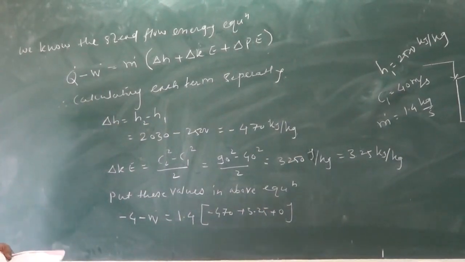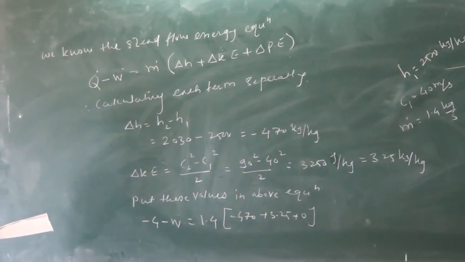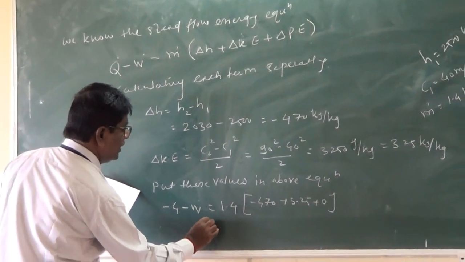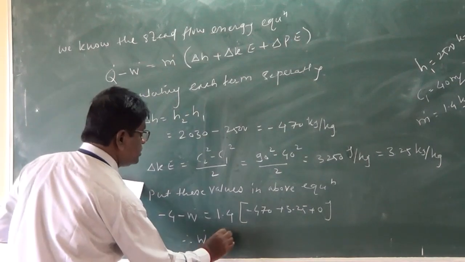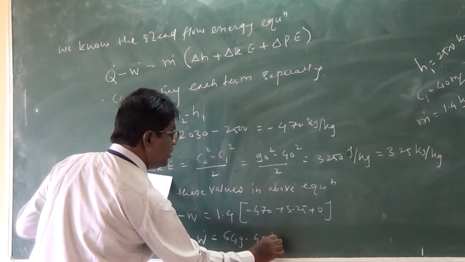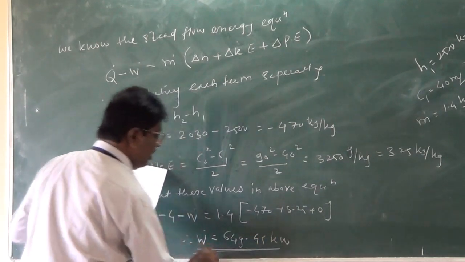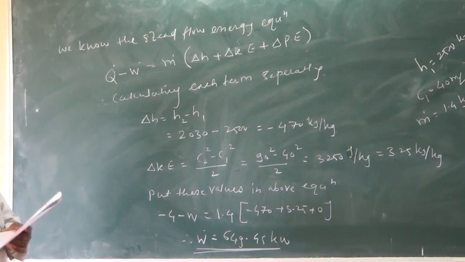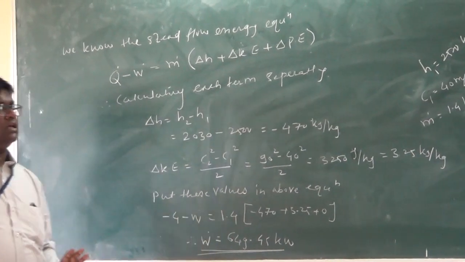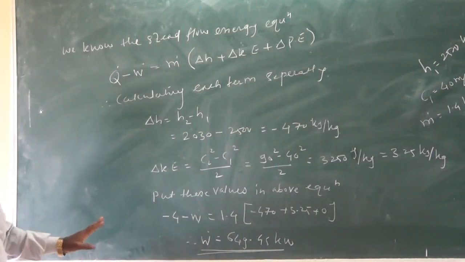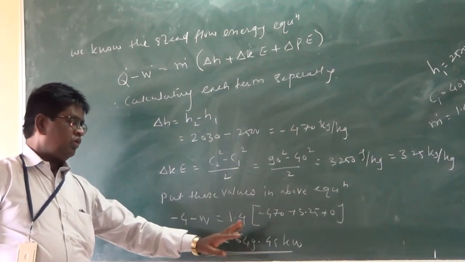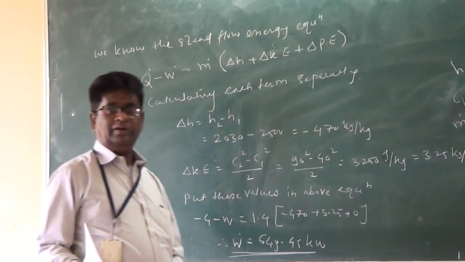We have substituted only the values, and finally by calculating we get the value of work done. It is equal to 649.45 kilowatts. And as we already discussed, definitely the value is positive. So this is the answer of this problem. The work produced by the turbine at this given condition is 649.45 kilowatts of power developed.